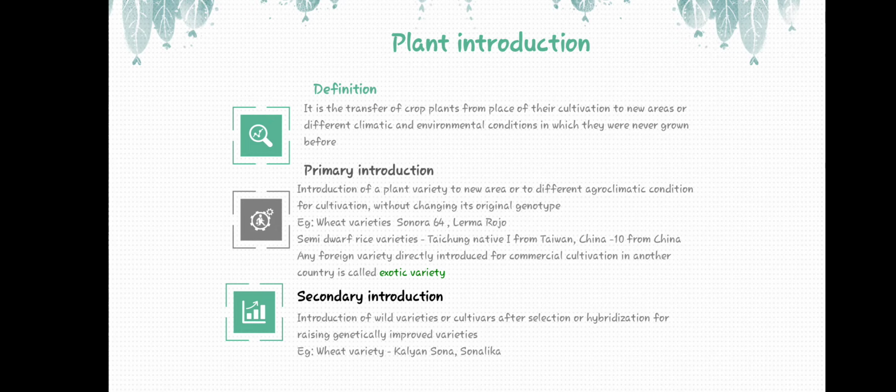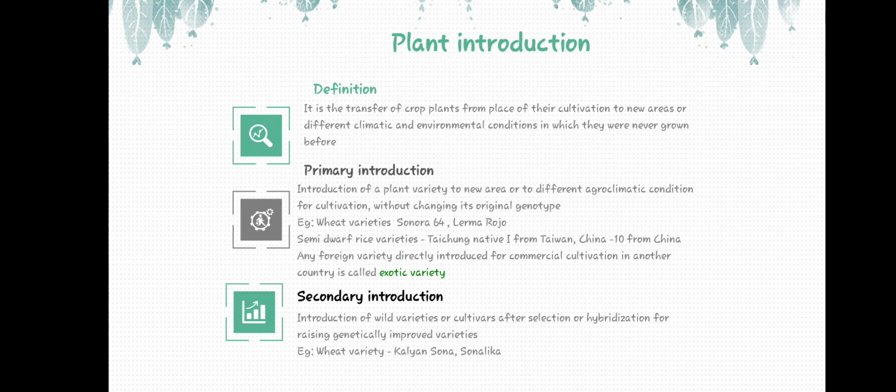So this is without changing its original genotype. The plant does not undergo any genetic change. Now, any foreign variety that is directly introduced for commercial cultivation is called an exotic variety.